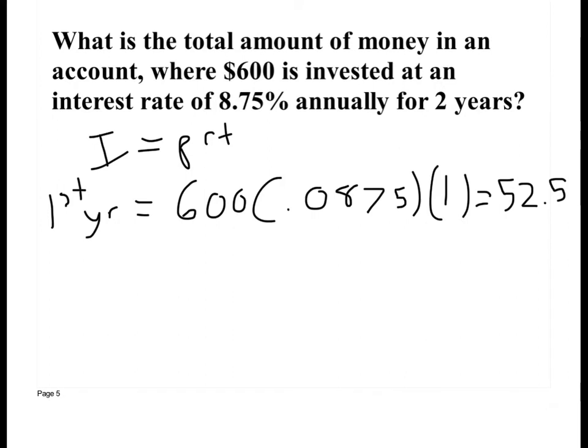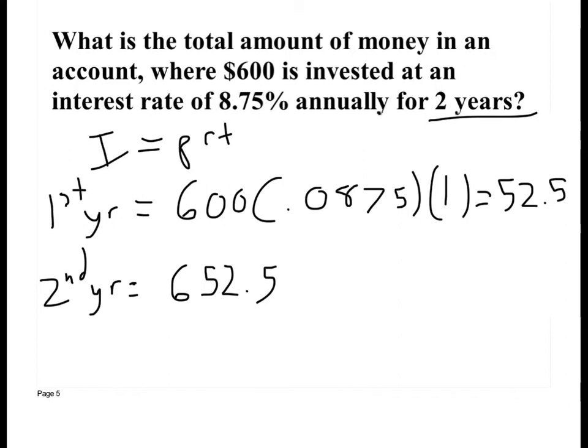Then I have to do it for the second year because this is for a total of 2 years. So it has to build itself. So second year. My principal, though, is not going to be 600. It's going to be your principal from year 1 plus your interest from year 1. So it's going to be 652.50. You have to combine your principal with your interest from the year before.